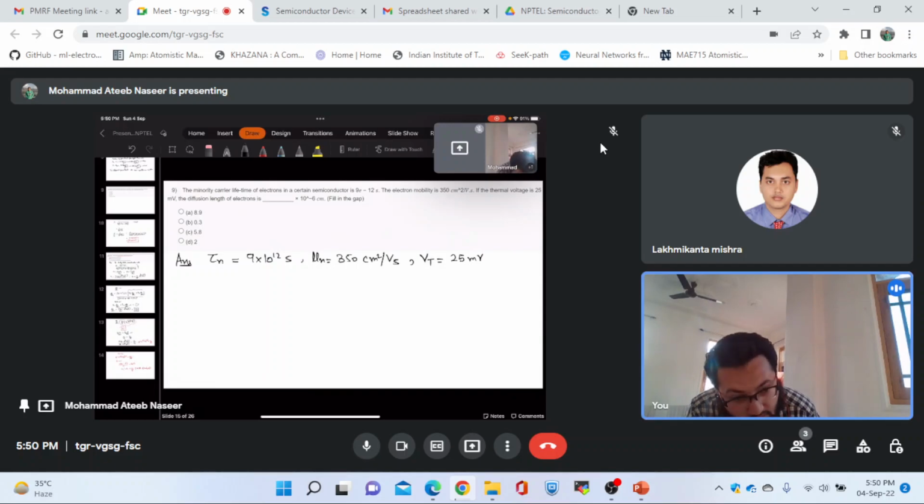So we will be using the Einstein's relations, which state that Dn by mu n, the diffusion constant by the mobility, is simply kT by q, and kT by q is Vt, the thermal voltage, sorry, not the velocity. So Dn will simply be equal to Vt times mu n.